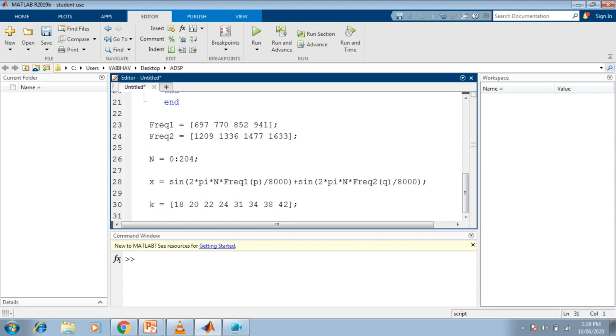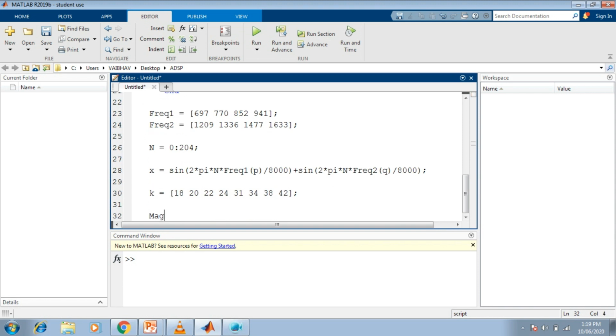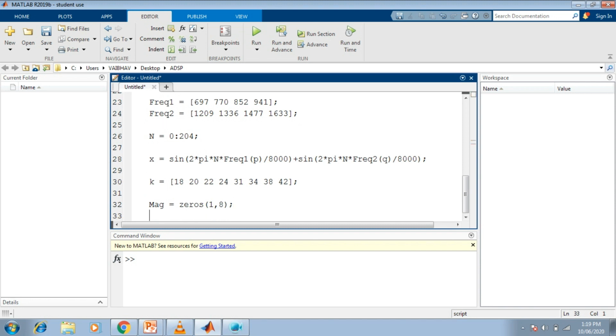Now as we would like to plot the magnitude that we detect, initially we define the variable MAG to hold all zeros. The dimensions we specify as before: we have only one row and 8 values it will hold, hence 1, 8 we specify here, ending this with a semicolon.